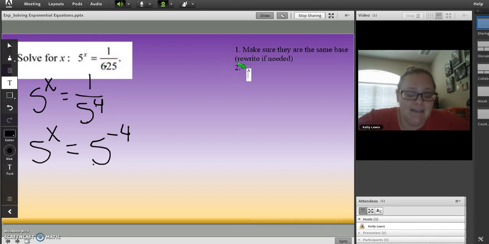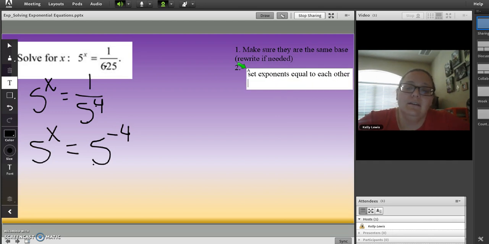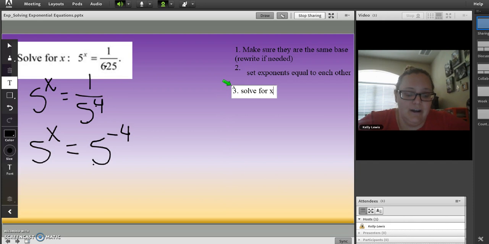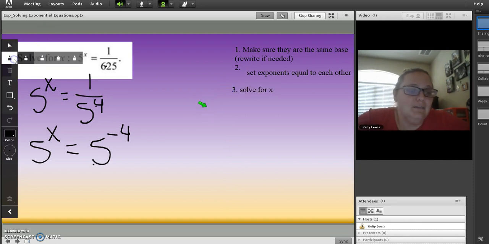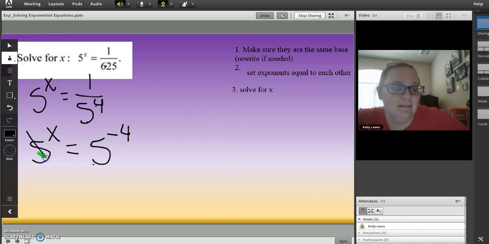After we do that, we set the exponents equal to each other. Step 3 is solve for x. So now we have x equals negative 4.